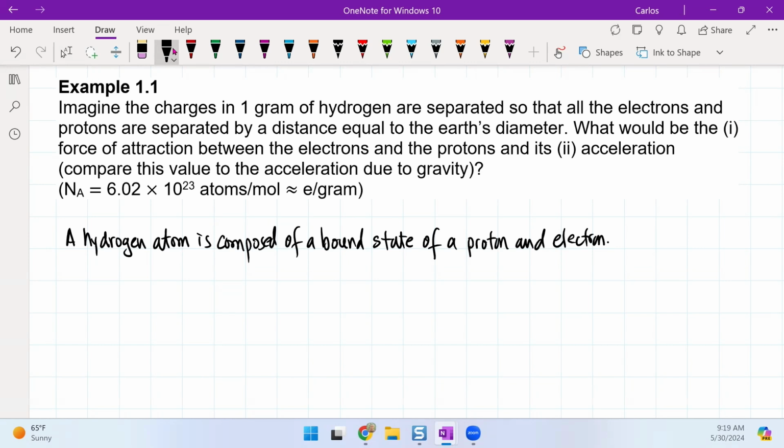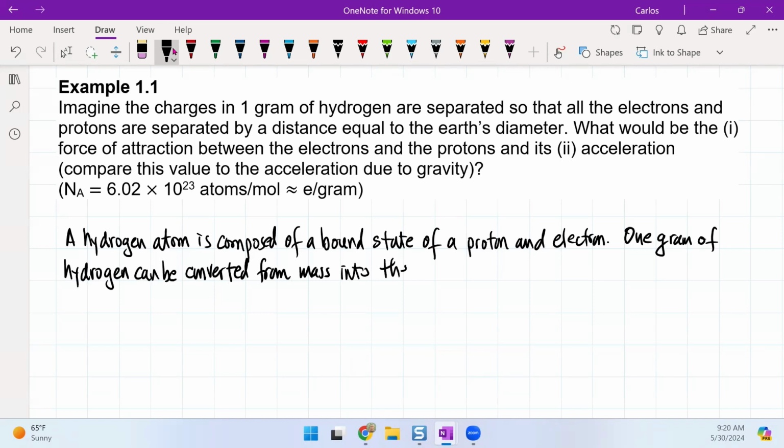Since hydrogen's atomic mass is 1, it turns out 1 gram of hydrogen can be converted from mass into the number of particles, in other words, hydrogen particles, as dictated by Avogadro's number.